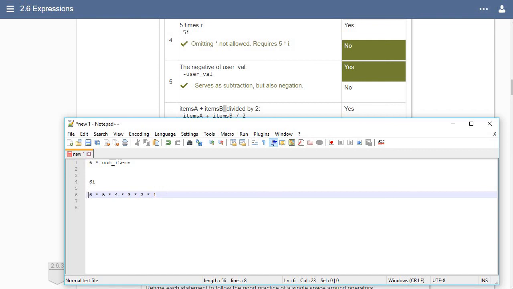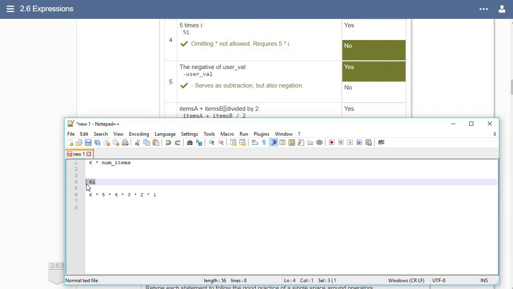So 6 times 5 is 30, times 4 is 120, times 3 is 360, times 2 is 720, times 1 is still 720. So 6 factorial evaluates to 720.